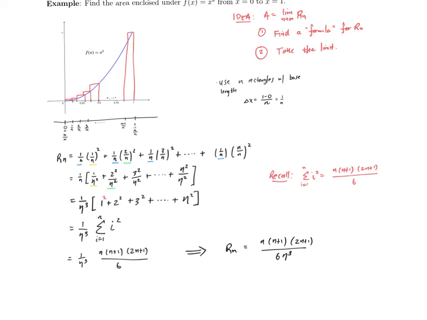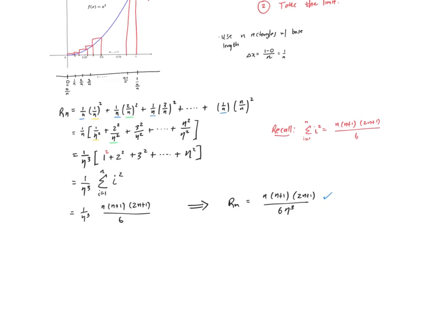So note, we have found a formula for R sub n. What we need to do now in order to calculate the area is calculate its limit. And before doing so, let me just pause briefly to mention that these common formulas from the end of the first video, this is where they're going to start coming into play, which is why they are useful for us to be able to recall.